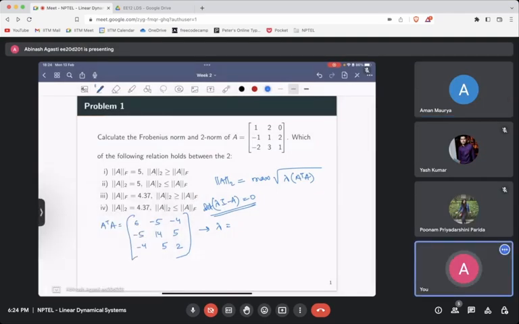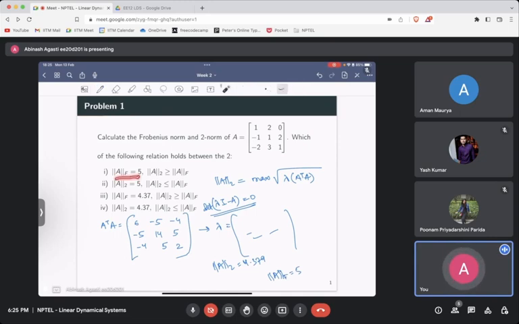So here we had some lambda, but the value of the 2 norm of A is 4.379, and the Frobenius norm of A we had was 5. So now which of these options seems to fit?